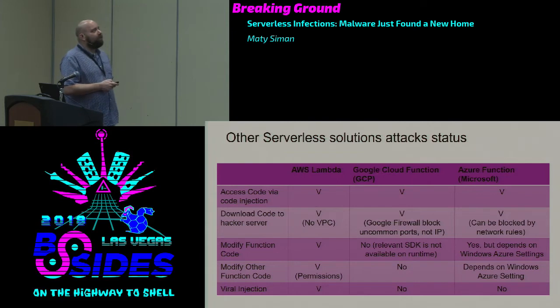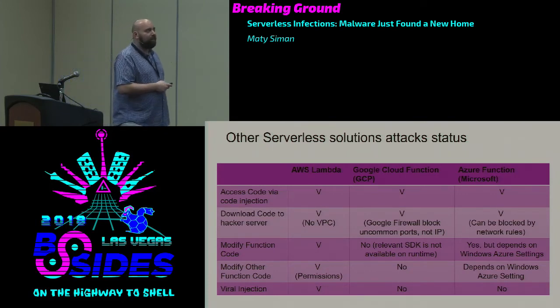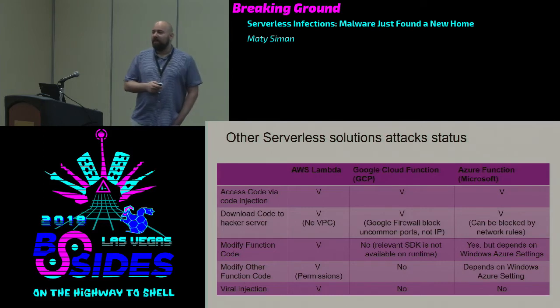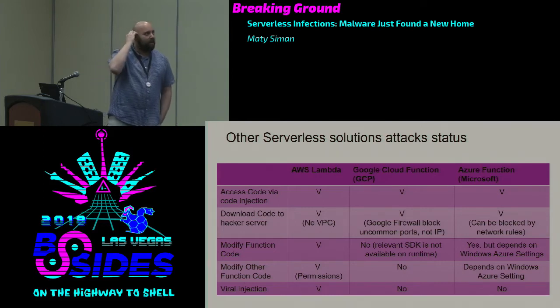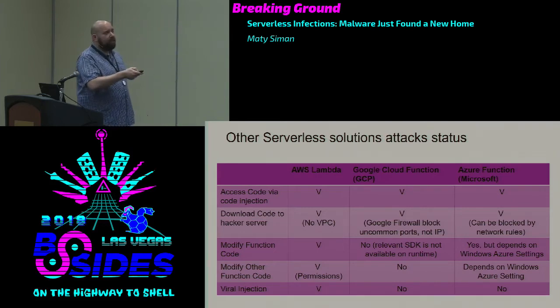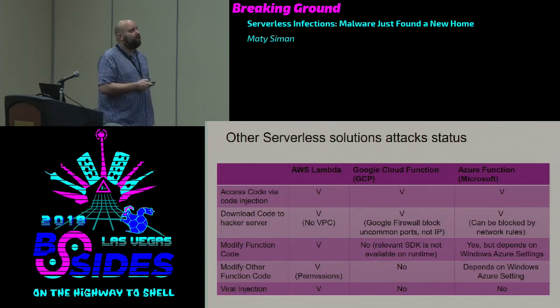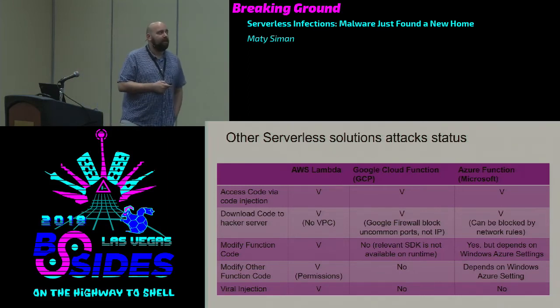Modify the function code. We saw that we managed to do it in AWS Lambda. Google, they are not so keen to give you all the SDK by default, so no. In Microsoft, it's complicated. It depends on settings. We didn't go very deep there. Modification of permissions: absolutely no problem with AWS Lambda.